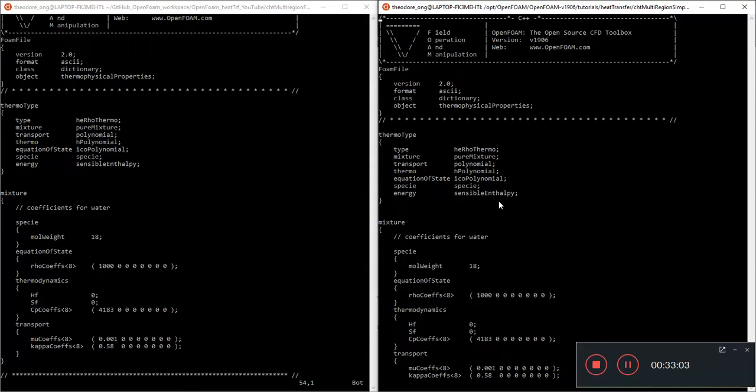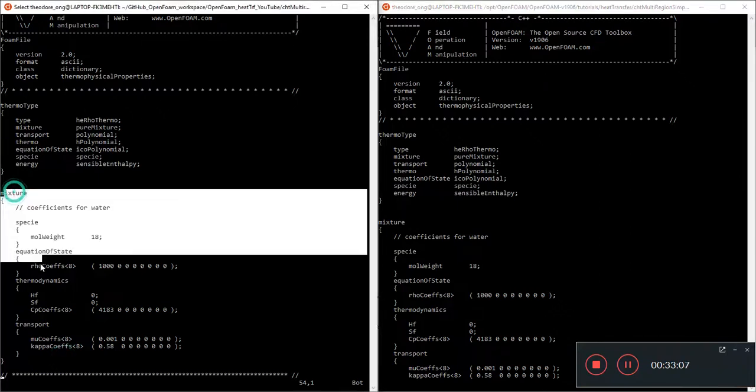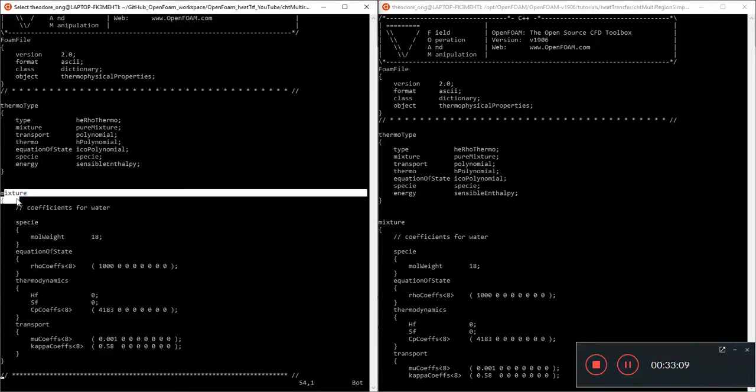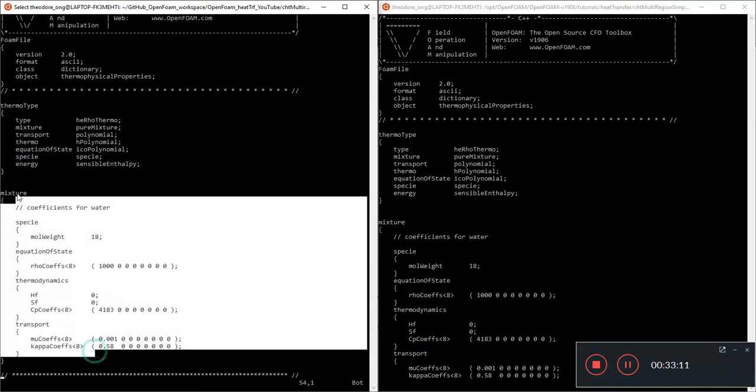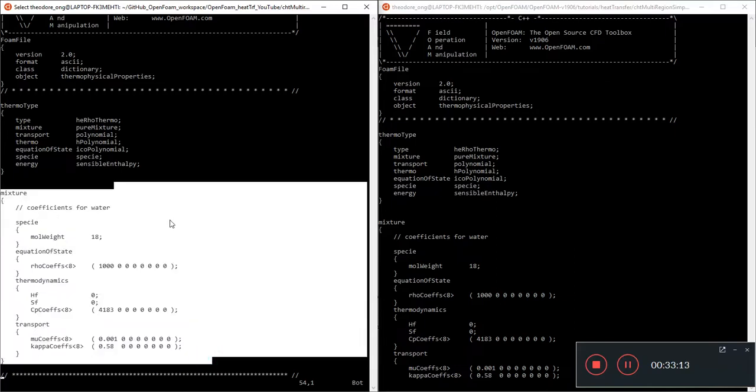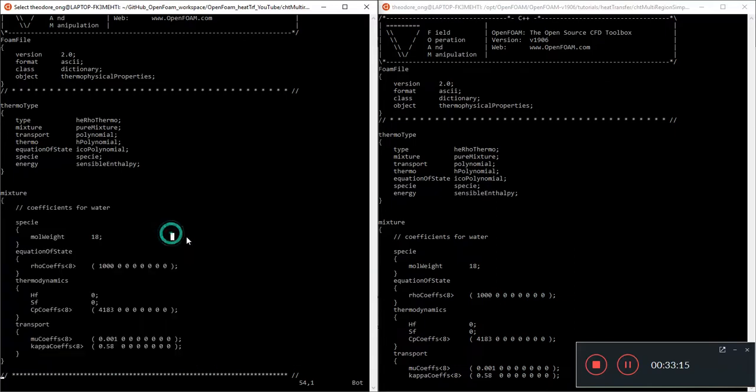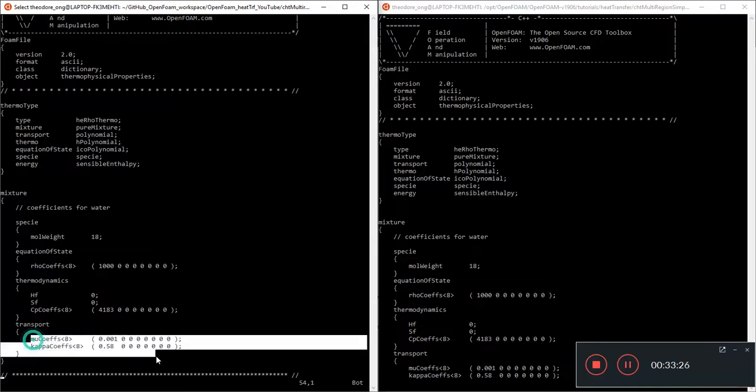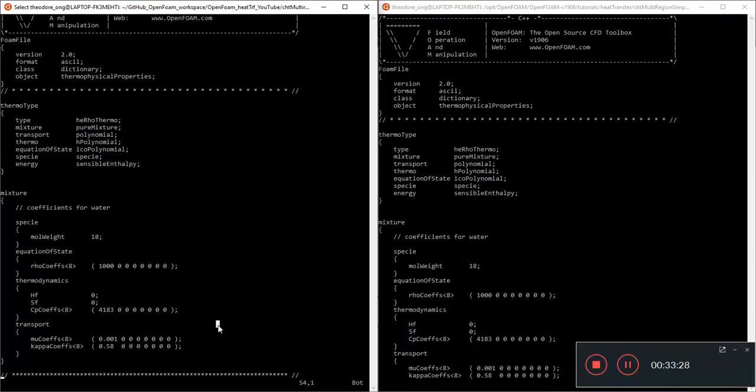But for water or for liquids, it's a little bit harder. But anyway, it's in chtMultiRegionSimpleFoam. You can find it there, and you can plug in all these polynomial expressions for rho, for CP, HF, etc. We can talk about how to get all these coefficients in later on.